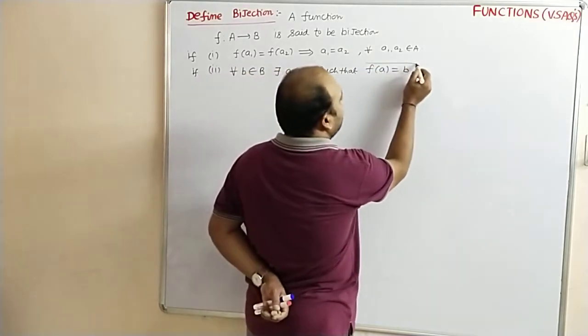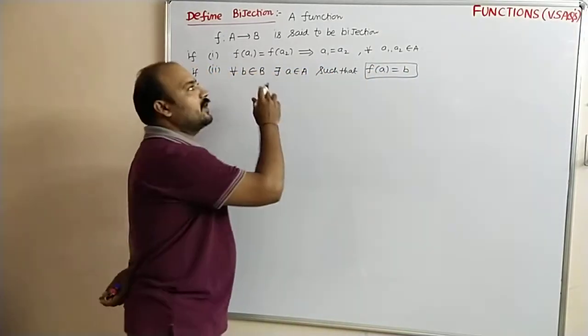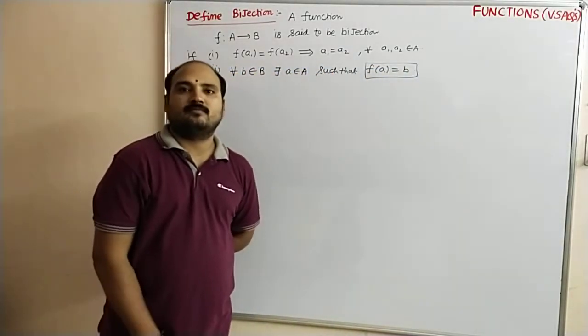Whenever these two conditions are satisfied, the given function is said to be a bijection.